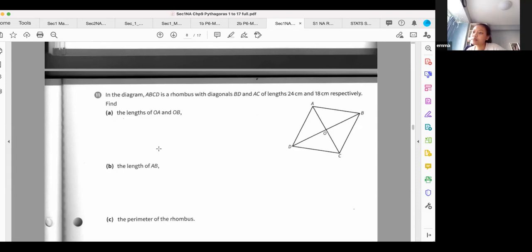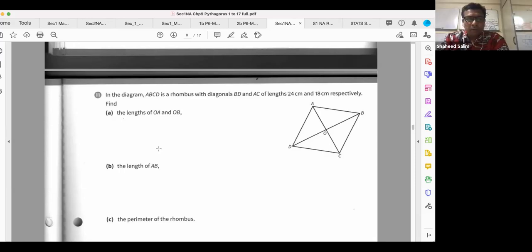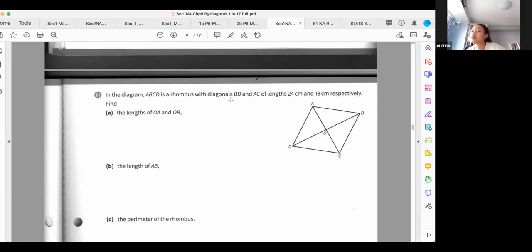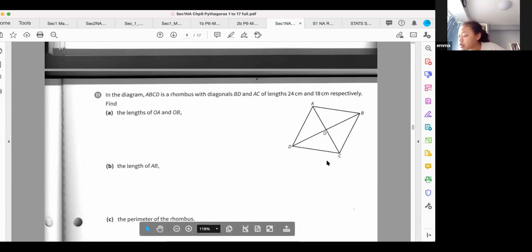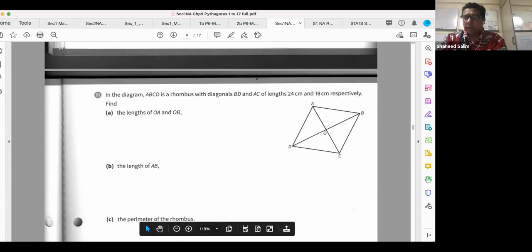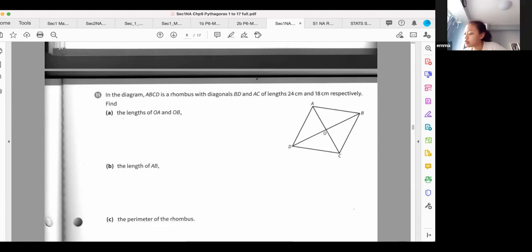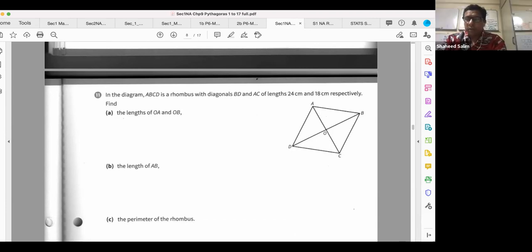Fifteen. 15. The length of OA. What is OA? OA is 9, and then the other one B is 12. Okay. Then the other one you get 15, is it? 15. Length AB, yeah.